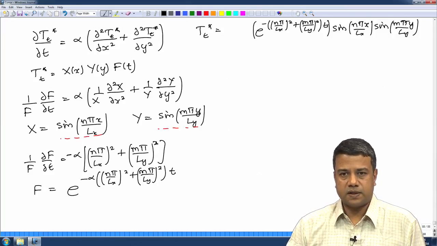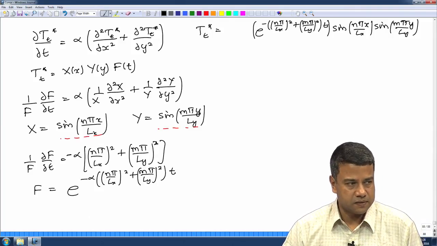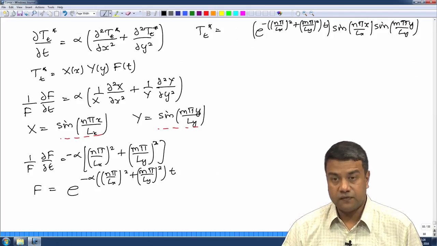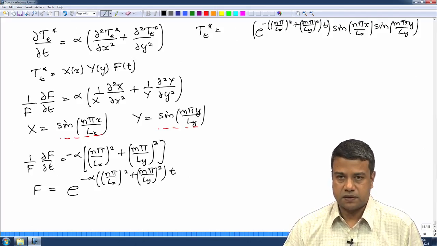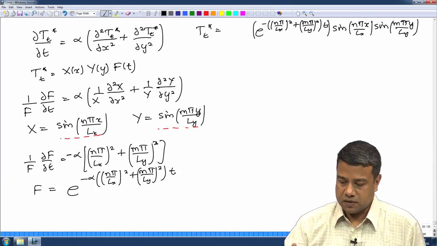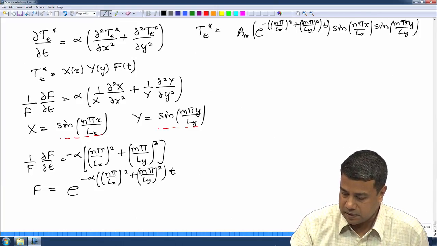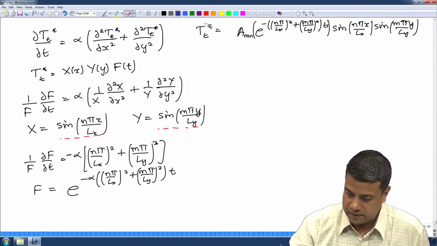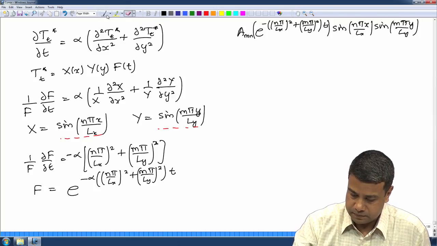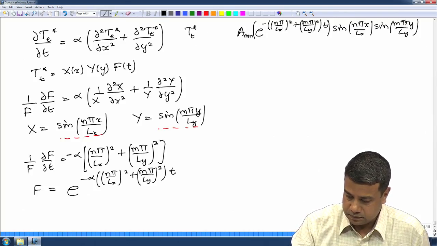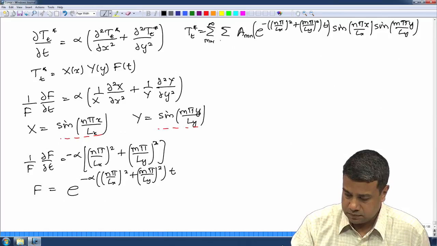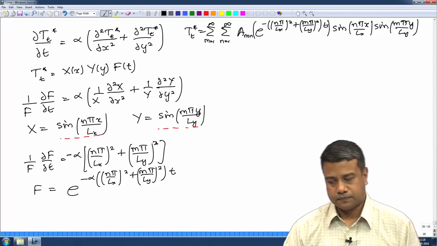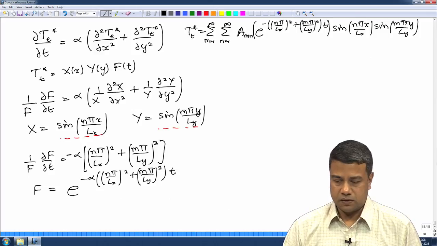It satisfies the equation, it satisfies the spatial boundary conditions at x is equal to 0 and Lx and y is equal to 0 and Ly for any value of n and m, so long as they are integers. So, the most general solution is going to be this times some constant which is a function of m and a function of n. That is going to be the most general solution.